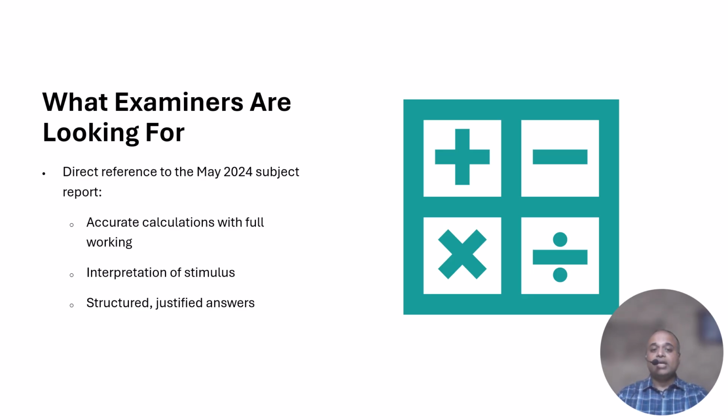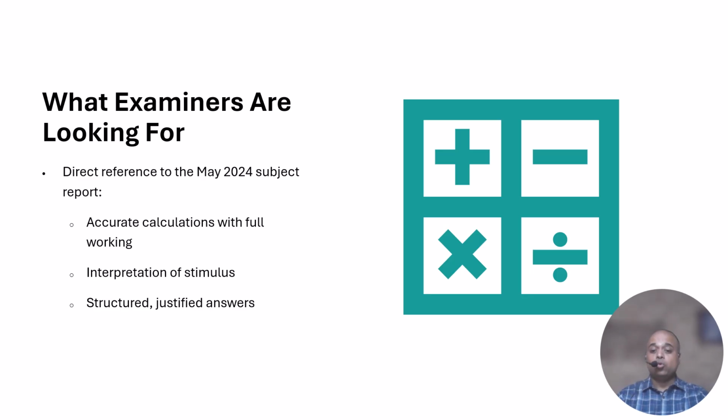Show your working. Apply your answer to the case. Use business tools accurately and evaluate where appropriate. This slide is your cheat sheet for what examiners really want to see. Let's keep going and talk about the most common mistakes to avoid next because avoiding simple errors can instantly boost your paper 2 score.